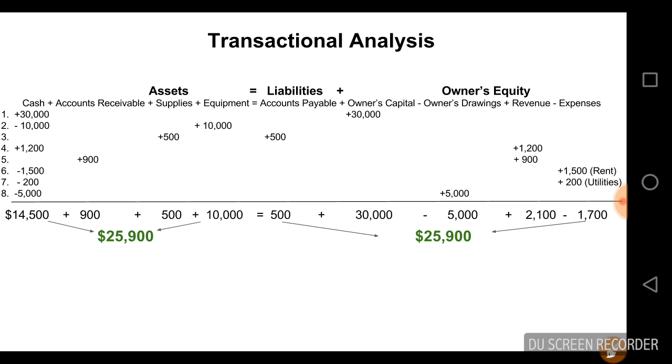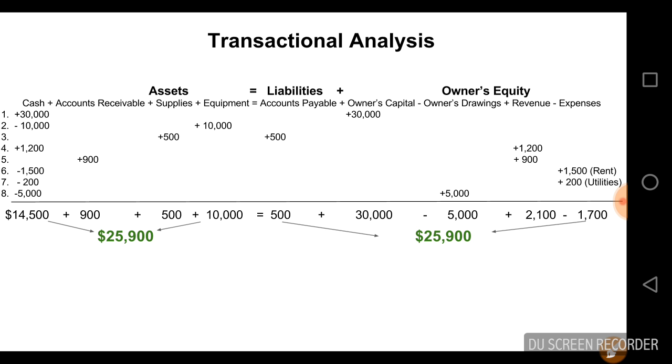So if we look at the first column and we add the increases to our cash account and subtract the decreases, we have $14,500 cash on hand. Okay, after 8 business transactions, our accounts receivable, we add that's $900 in accounts receivable.